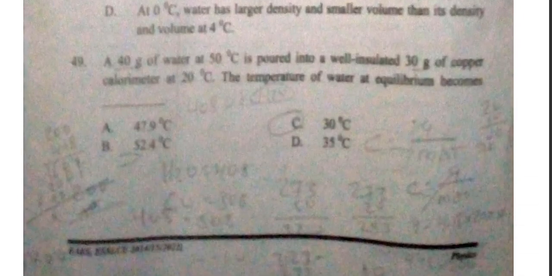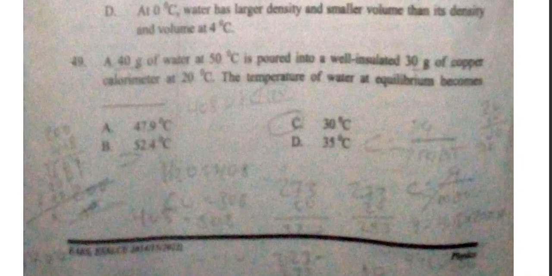49. A 40 gram water at 50 degrees Celsius is poured into a well insulated 30 gram copper calorimeter. At equilibrium, the temperature of the water becomes what?